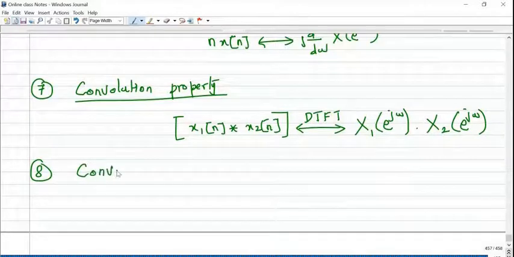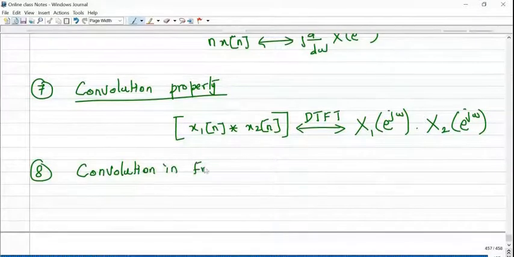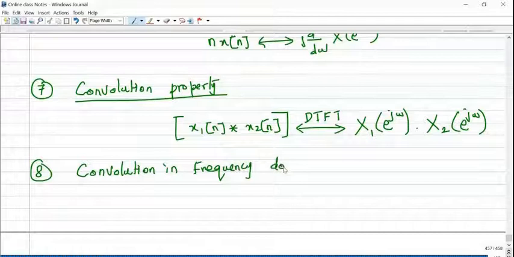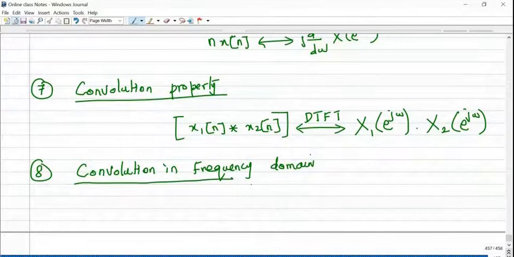Multiplication property or convolution in frequency domain, both are same. x1 of n convolution with x2 of n, the result is X1 of e power j omega dot X2 of e power j omega. Suppose x1 of n multiplied with x2 of n.